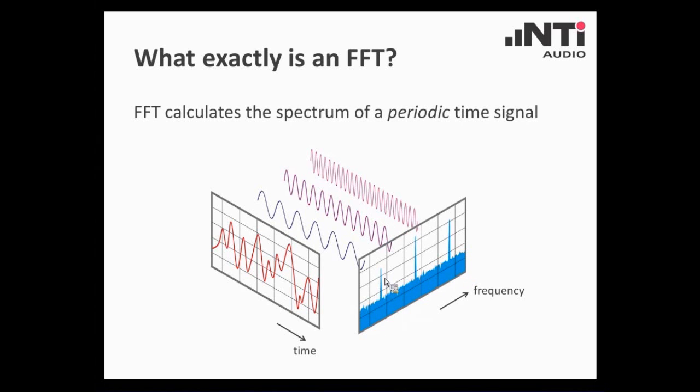You can see that here these blue lines indicate the levels of the corresponding sine frequencies. So we are translating the time signal into the spectrum. By the way, you could also do the other way around. You could start with decomposed sine waves, combine them, and then you will get back this time signal.